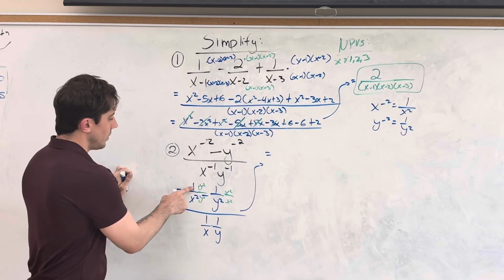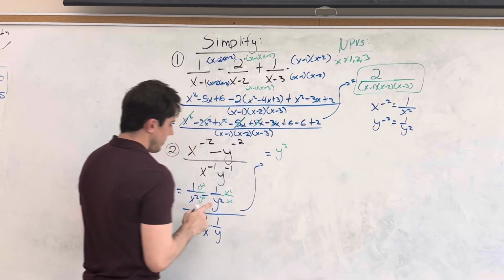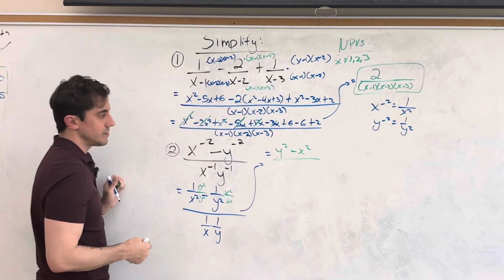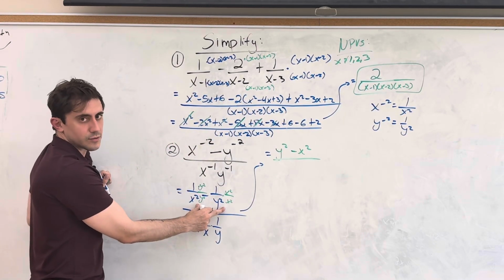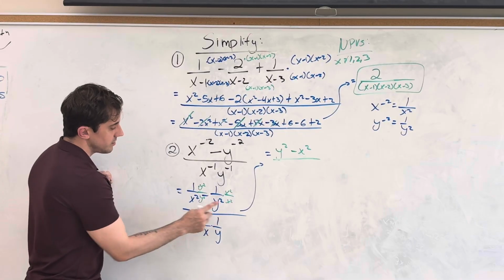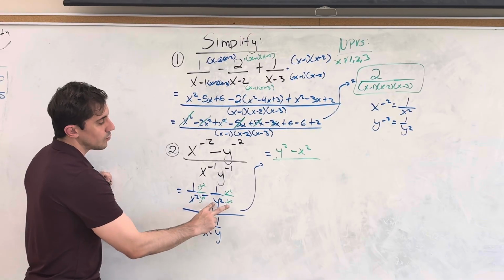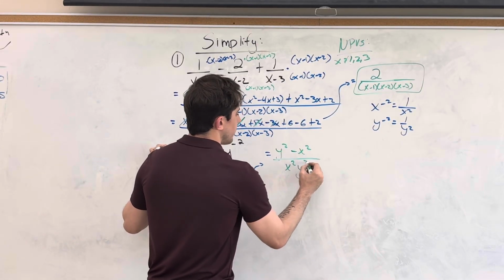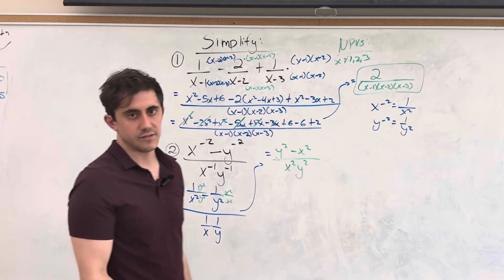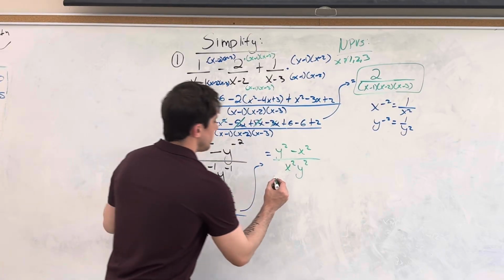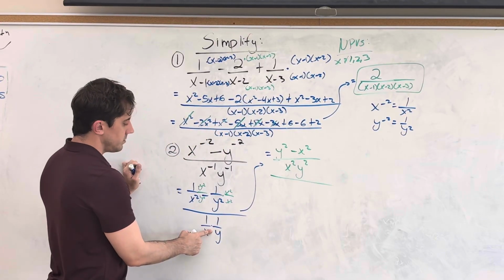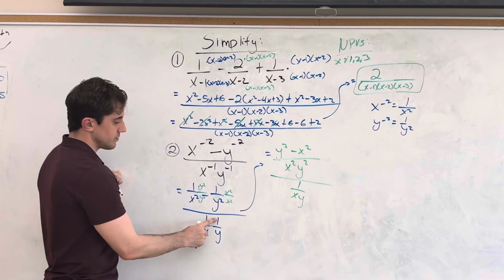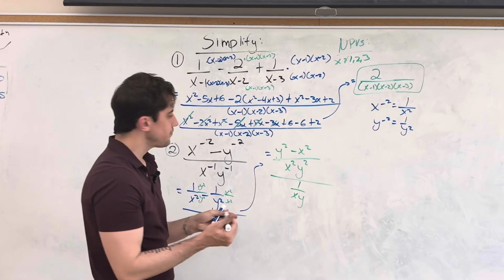And so that'll mean 1 times y squared is y squared, minus 1 times x squared is x squared, and we can write those over a common denominator of x squared y squared. Y squared x squared is the same thing as x squared y squared, and so I'll write it in alphabetical order, which is typically the convention we use. Now, all of this is still over the product of 1 over x times 1 over y, which is simply 1 over xy. 1 times 1 is 1, x times y is xy, okay?